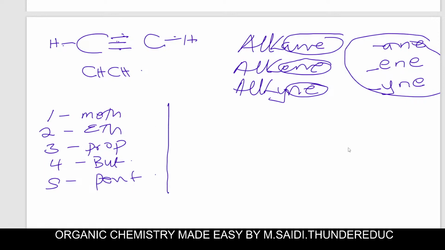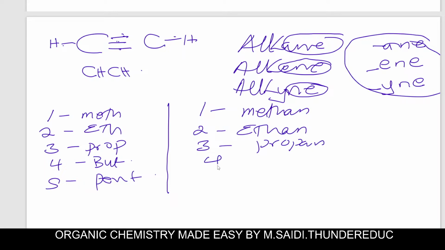This is different when you go to other homologous series like alcohols, haloalkanes, ketones, and aldehydes, where 1 will mean that, 2 will mean that, 3 will mean that, 4 will mean that, and 5 will mean pentan.